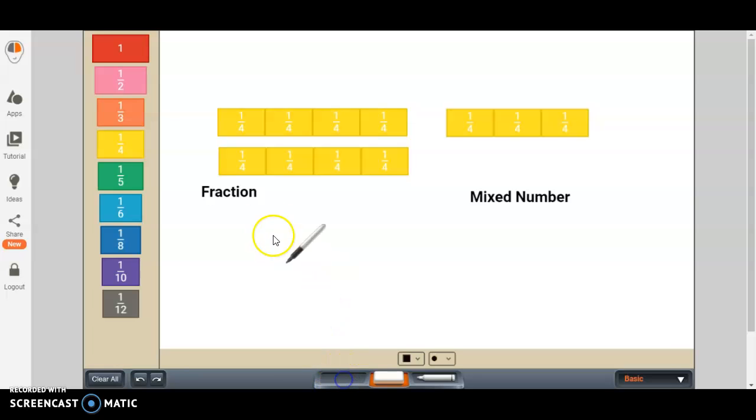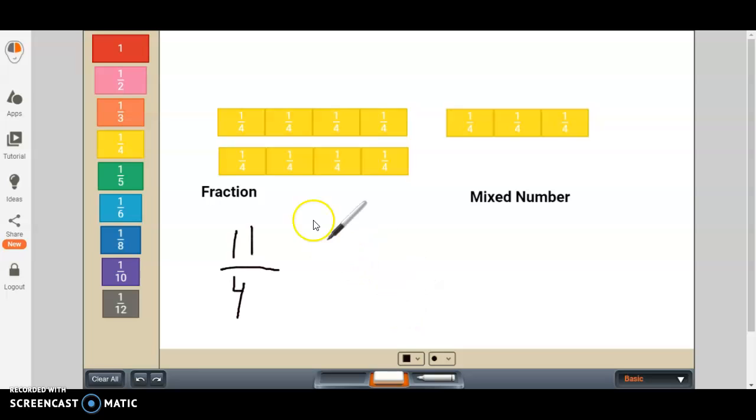So let's see. I still have pieces that are fourths, right? Still have fourths. And I have 1, 2, 3, 4, 5, 6, 7, 8, 9, 10, 11. I have 11 fourths. And how would I write this as a mixed number?